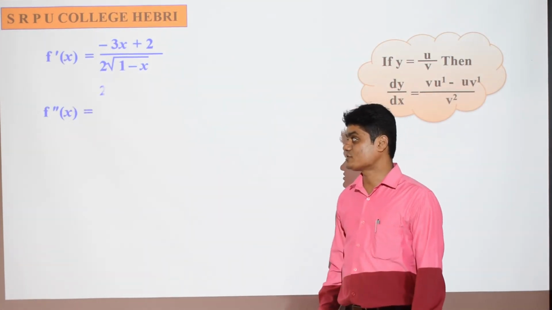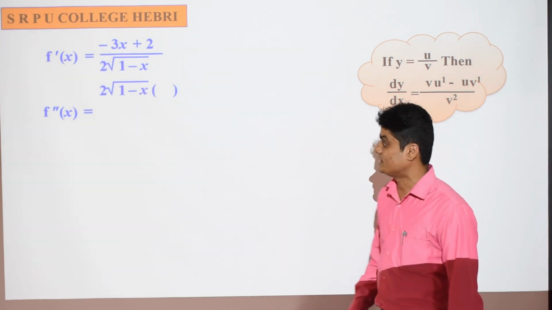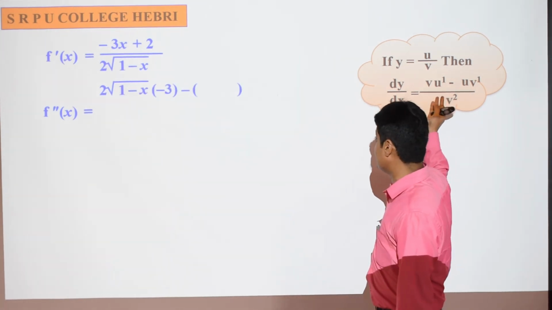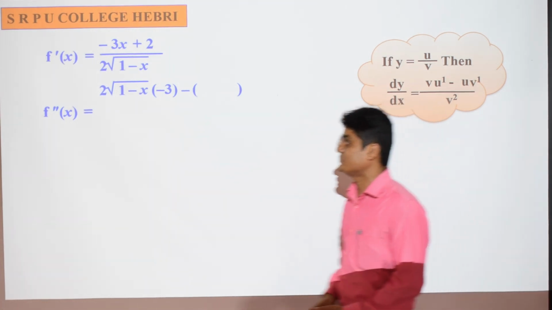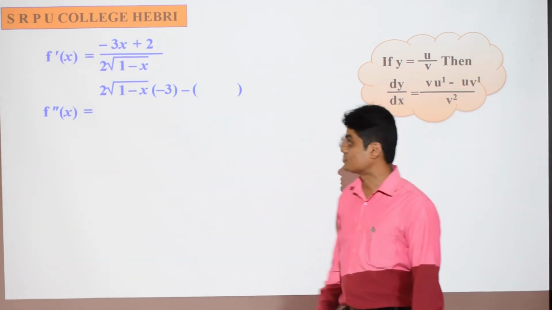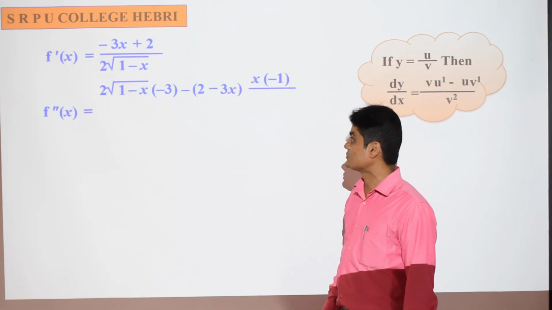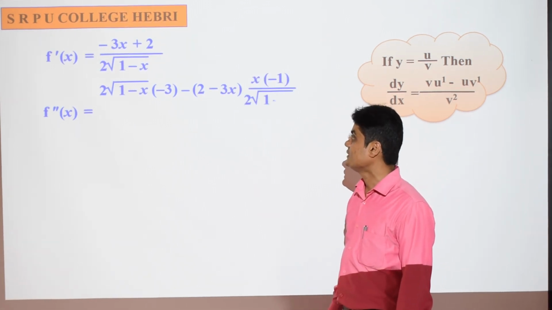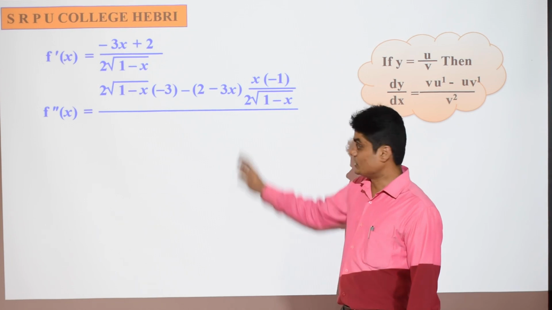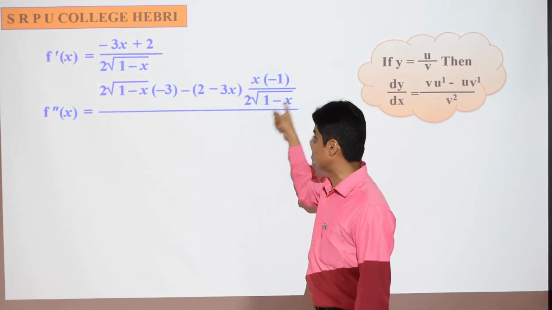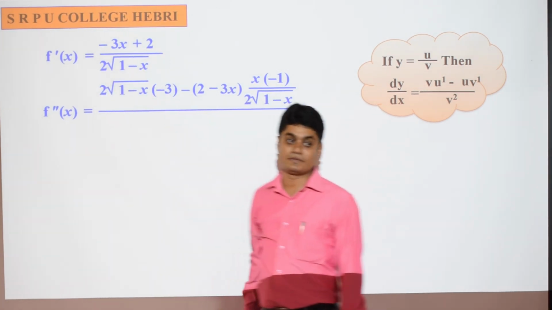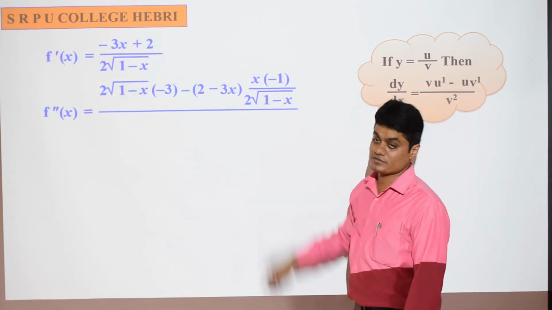So f double dash of x is equal to, by the quotient rule: 2 times root of 1 minus x into minus 3, the differentiation of minus 3x plus 2, minus 1 by root of 1 minus x into minus 1. So it will be like this. I hope you understood. The denominator will come as it is, and this part is the differentiation of 2 into root of 1 minus x.